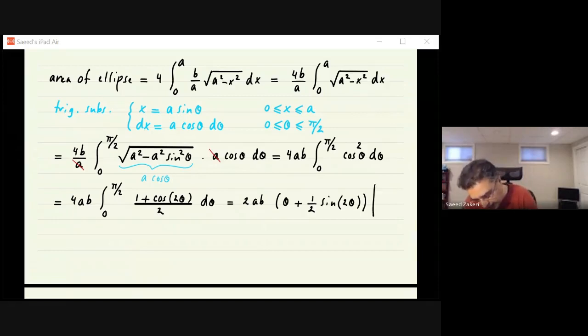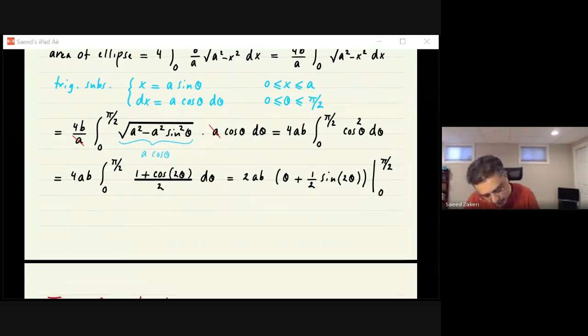And then I have to evaluate this at pi over 2, and then 0, and then subtract. So let's see what you get. I'm just going to say it because it's easy. If I put pi over 2 in here for theta, I get pi over 2 here. And this will become pi. Sine of pi is 0. So the second term won't give me anything.